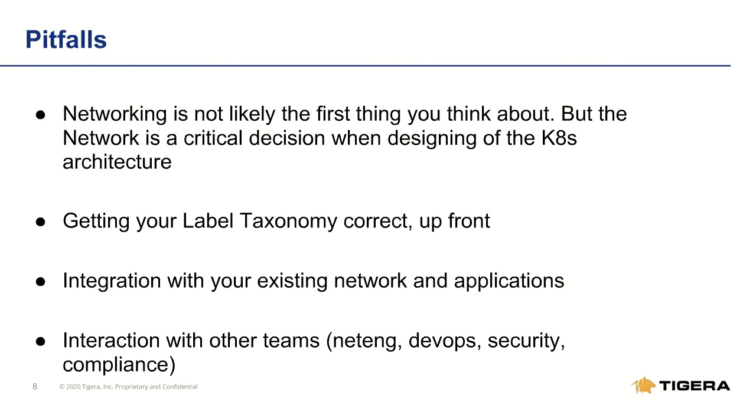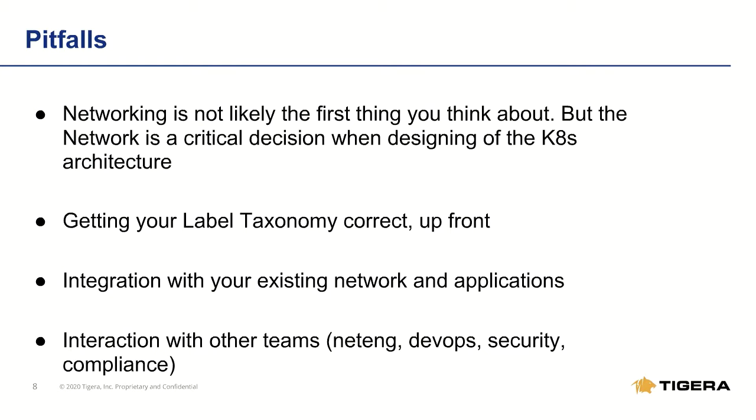And then finally, as you progress through each stage of the journey, every single stage, you're going to start interacting with more teams. At some point, you're going to be working with a network engineering team. You're going to be working with a DevOps team. You will be working with a security team and potentially even a compliance team.